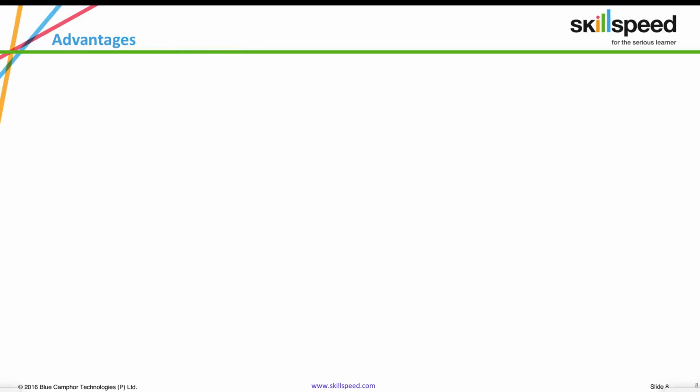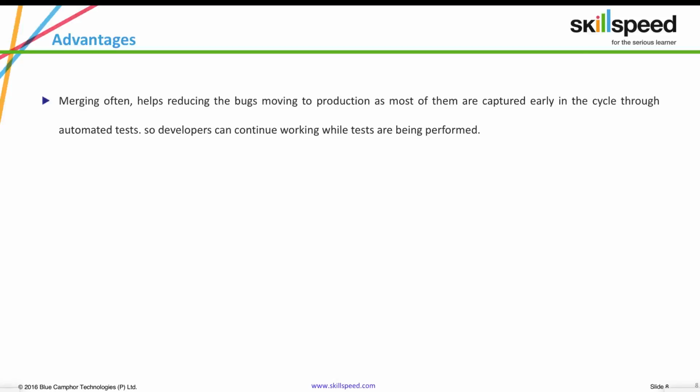So what are the end results, or the advantages, you get if you implement CI in your projects? The first one is that since you have increased the frequency, merging often, it helps you reduce the bugs moving to production, as most of them are captured early in the cycle through automated tests.